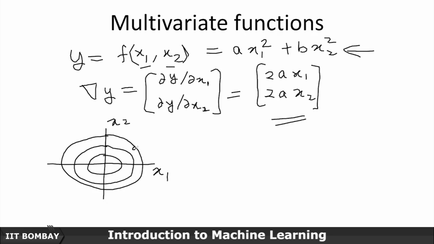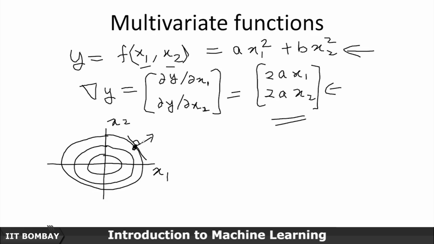If I take any x1 x2 point, okay, now this is a vector, and this vector points to a direction which is normal to the tangent at this contour. This direction is the direction of fastest ascent.